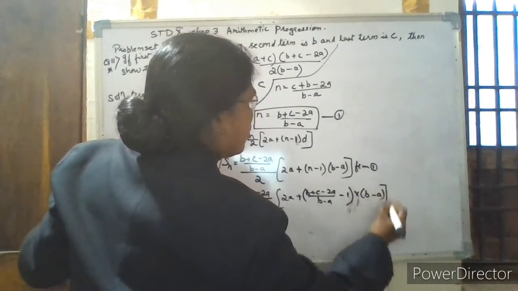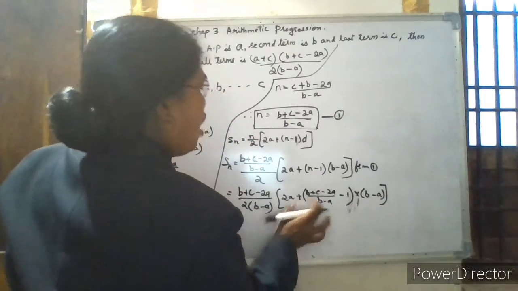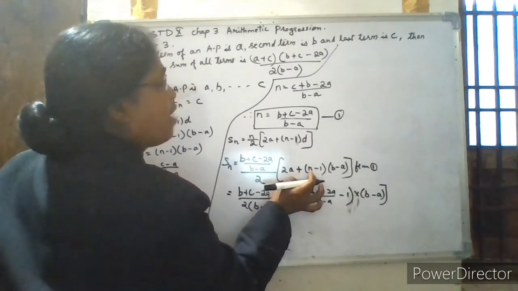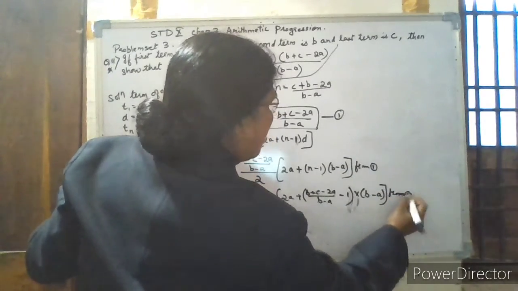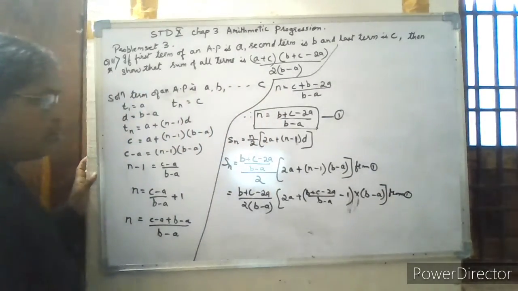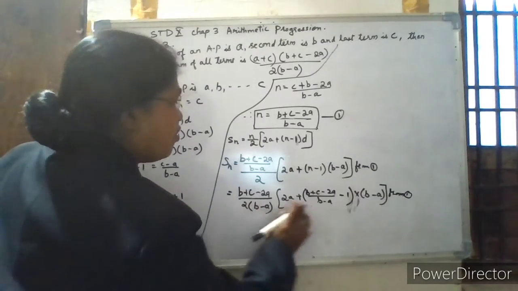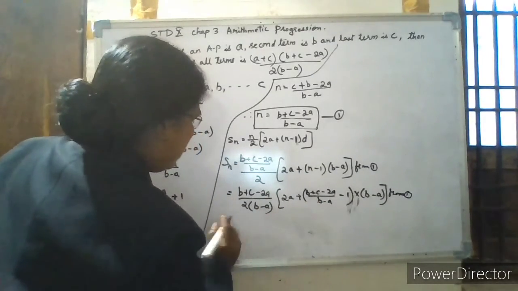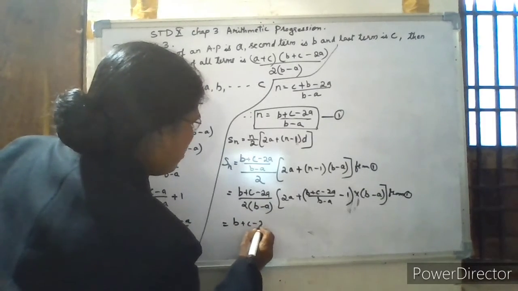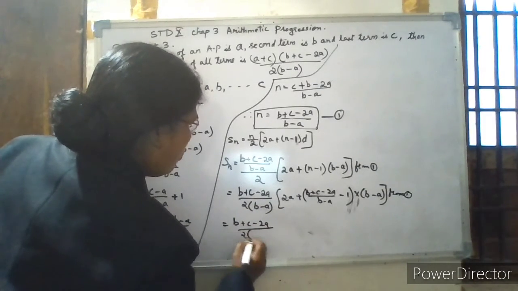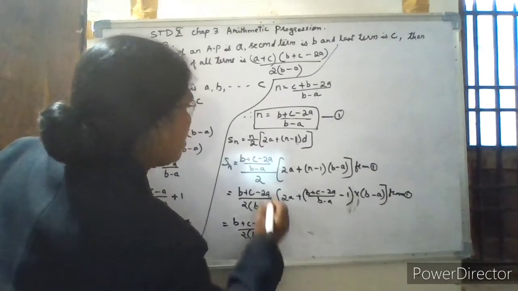I have substituted the value of n. This we also got from 1. Now after this, it is as it is, b plus c minus 2a upon 2 into b minus a. This is n by 2.